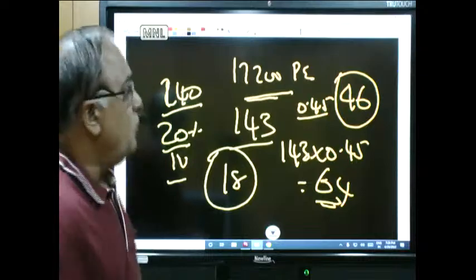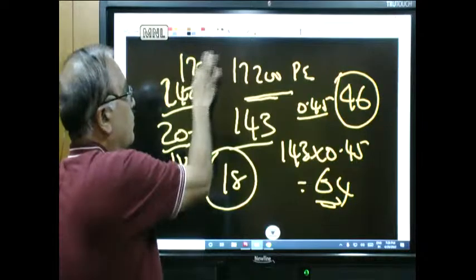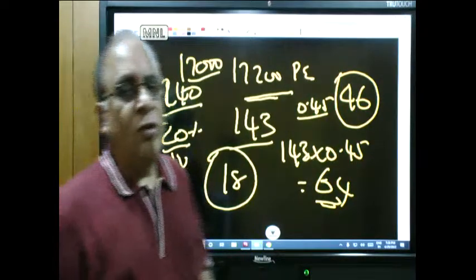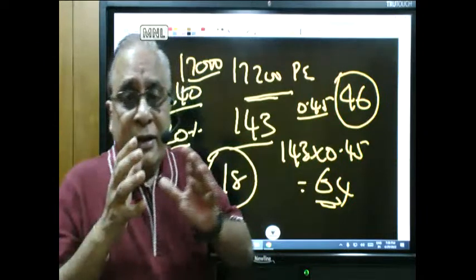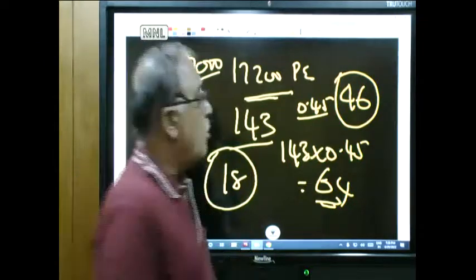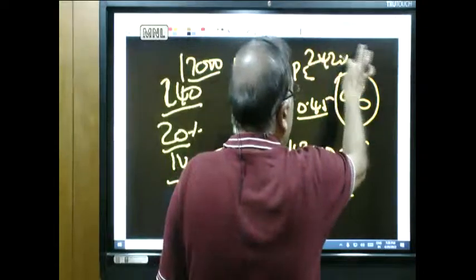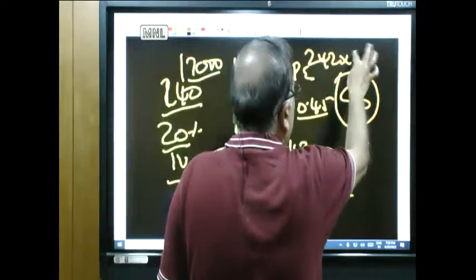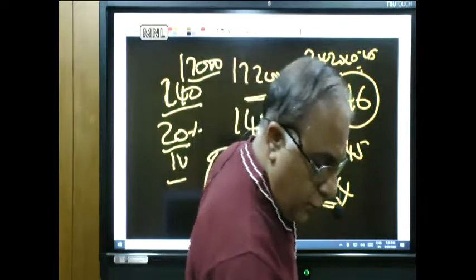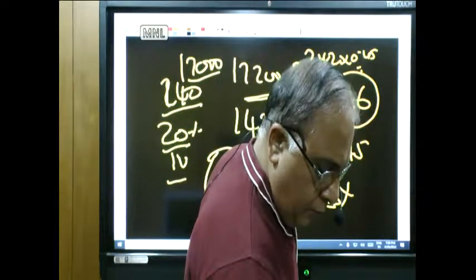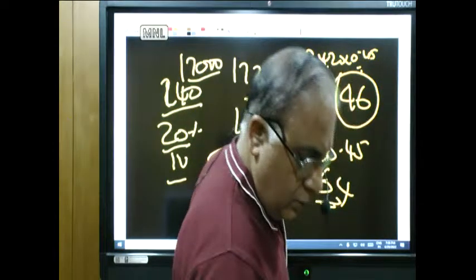So if the price had moved by 220 rupees, let us say from 17,240 it had moved down to 17,000, then the entire 242 rupees you would have got, 242 into 0.45, this is the appreciation. You would have got that 108 rupees.